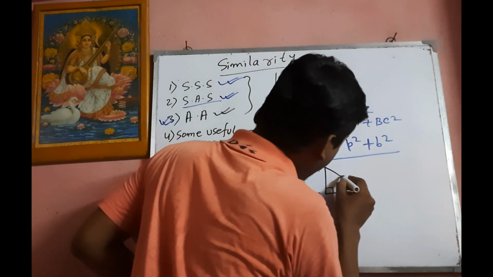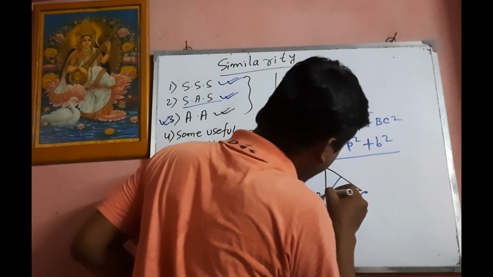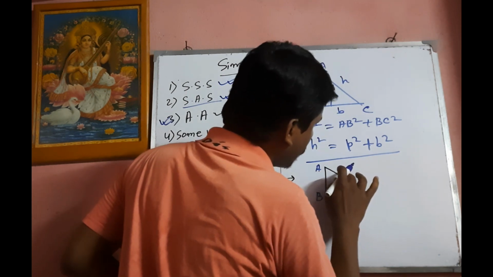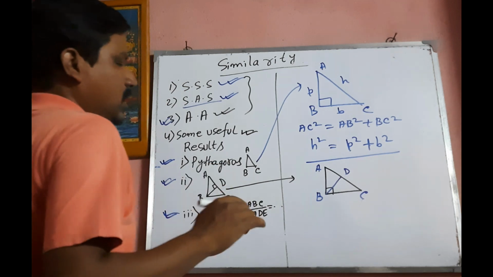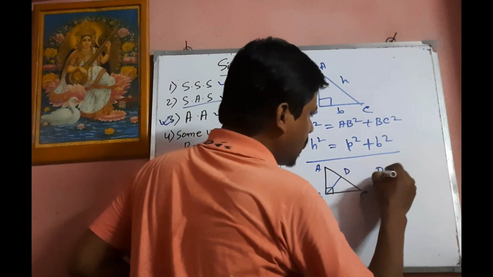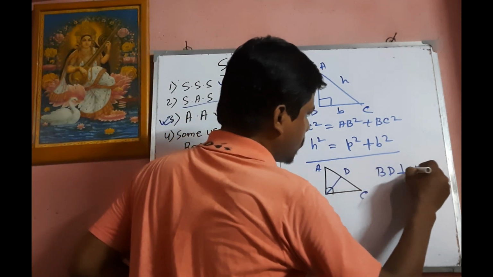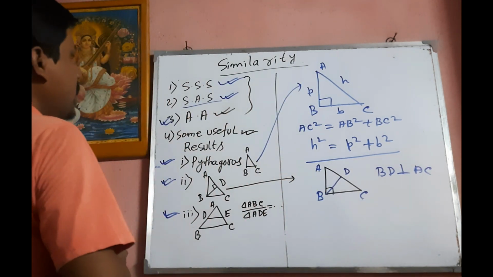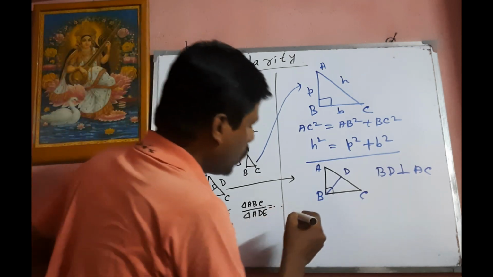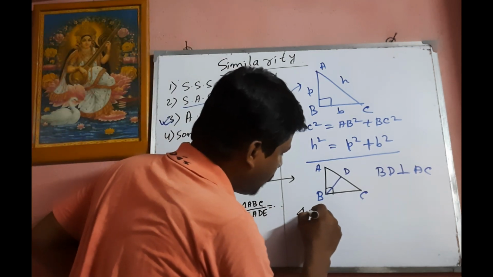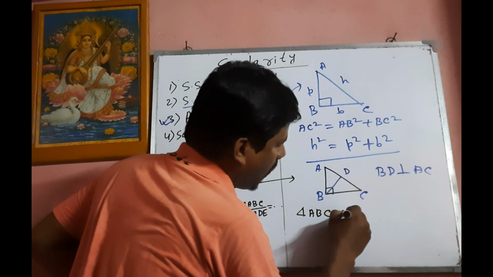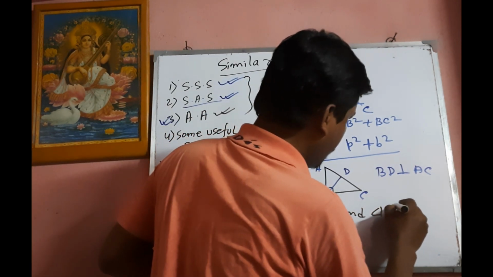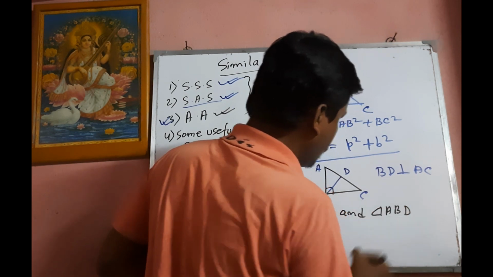Now one perpendicular is drawn from the point B to AC, that is BD is perpendicular to AC. Now by the property of similarity we can say the triangle ABC and the triangle ABD are similar.